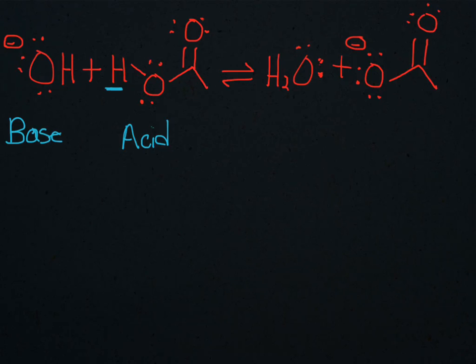Now, in order for this to occur, these electrons from the oxygen will be bonding with this proton, and these electrons bonding the proton with the oxygen, in this case, will be moving back to the oxygen, as seen here in the products. So now, what will we see in the products?